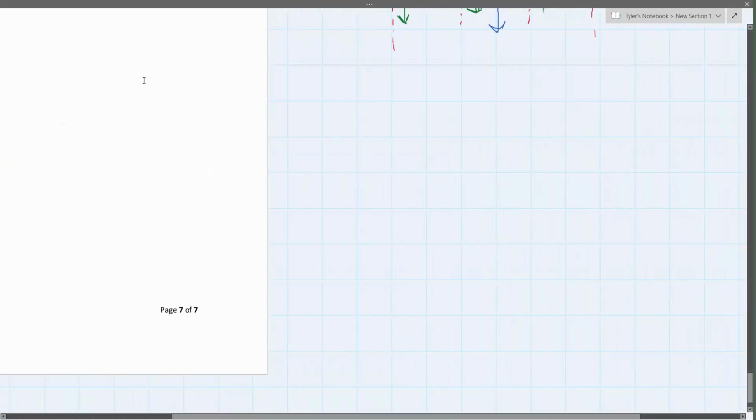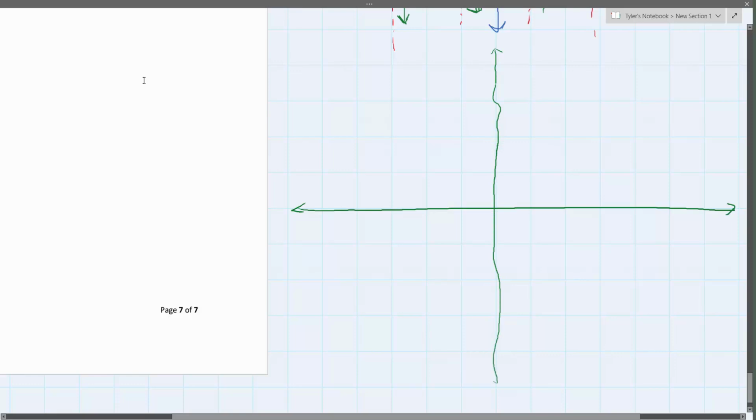So if I come over here, right, so we have pi over 2, pi, 3 pi over 2, 2 pi.